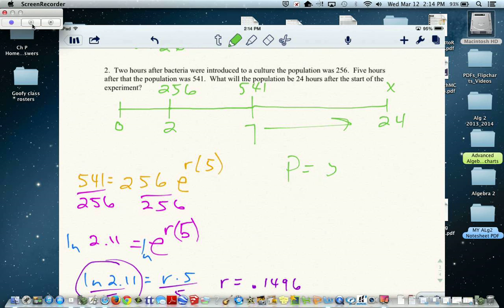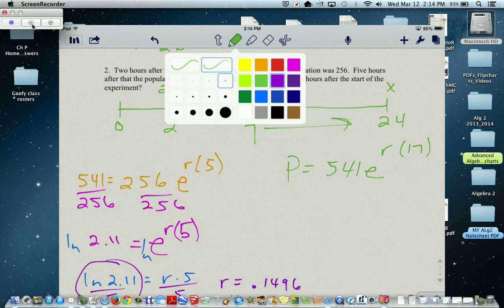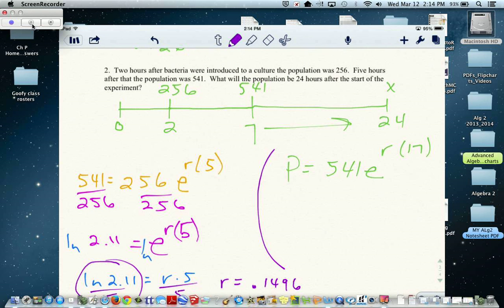So that's 541 e to the r times 17 hours. It's only 17 hours. So then what you want to do is take your r value from down here and just put it right there. And so it becomes, just type it into your graphing calculator, do your 541.